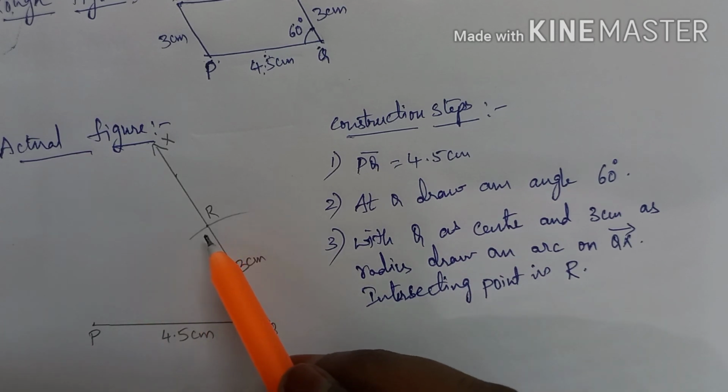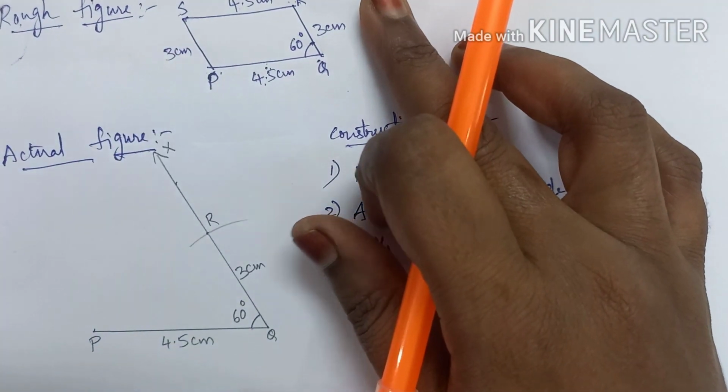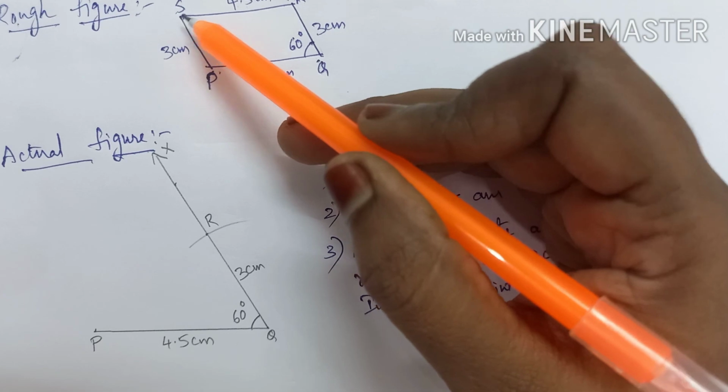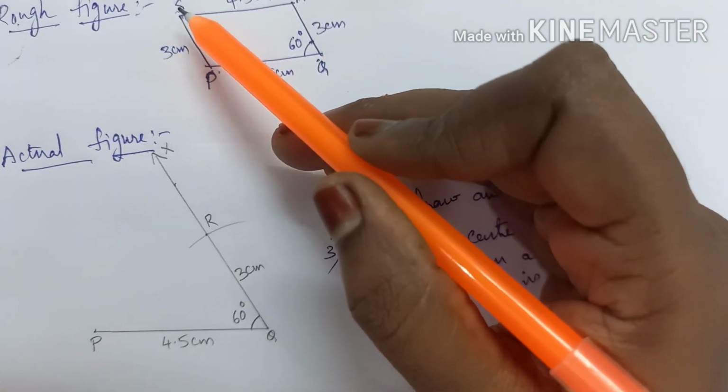Okay, children. Now PQR are formed. Now another vertex S is not there. So where is S? From P it is 3 centimeters distance and from R it is 4.5 centimeters distance.